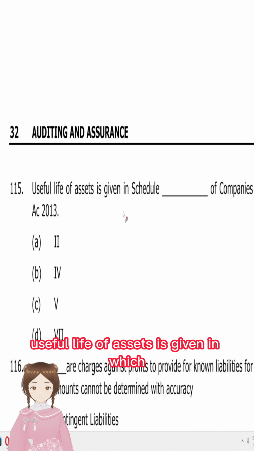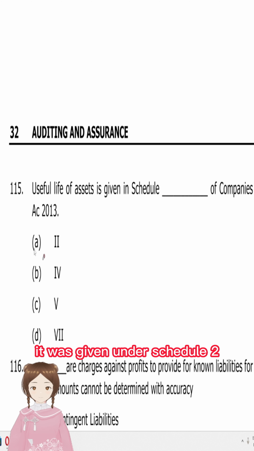Useful life of assets is given in which schedule of Companies Act 2013? 2, 4, 5, 7. It was given under Schedule 2, the useful life of assets.